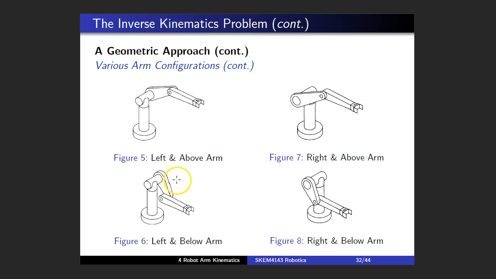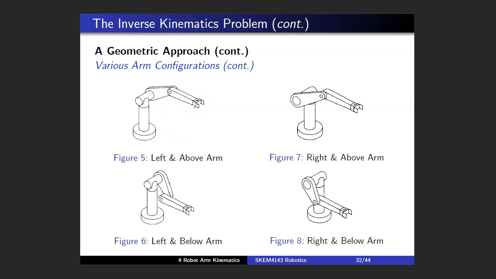Okay, let's see above arm. So where is y2? If you cross check with figure 2, the y2 axis is pointing downwards, perpendicular to this link. So if this is y2, and what is the position of the wrist? Indeed, it is positive y2 because y2 is pointing downwards.